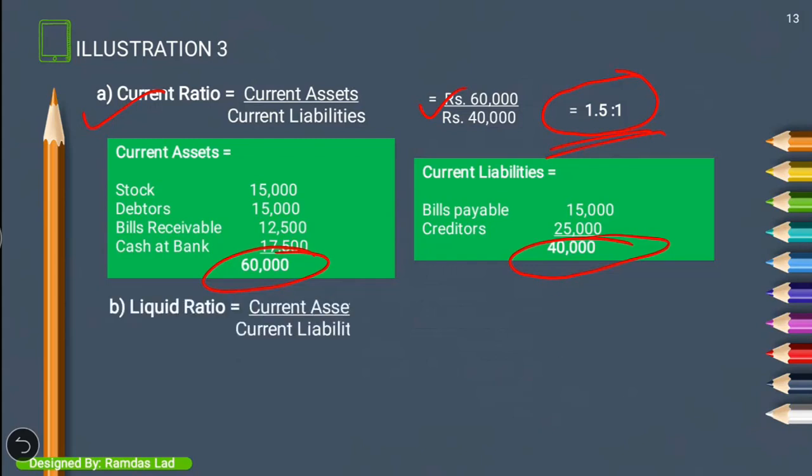Now the second one, liquid ratio: current assets minus stock divided by current liabilities minus bank overdraft. So here current assets of rupees 60,000 minus stock 15,000, divided by current liabilities 40,000, and there is no bank overdraft.